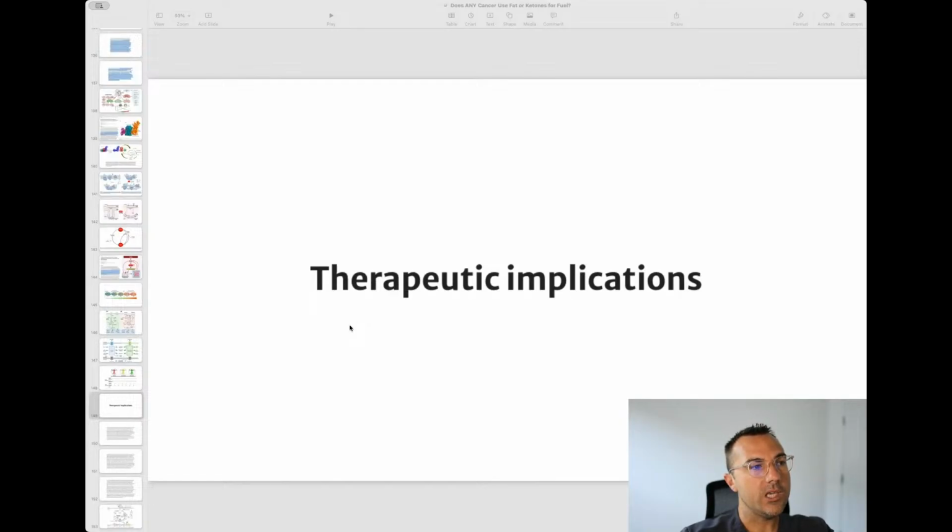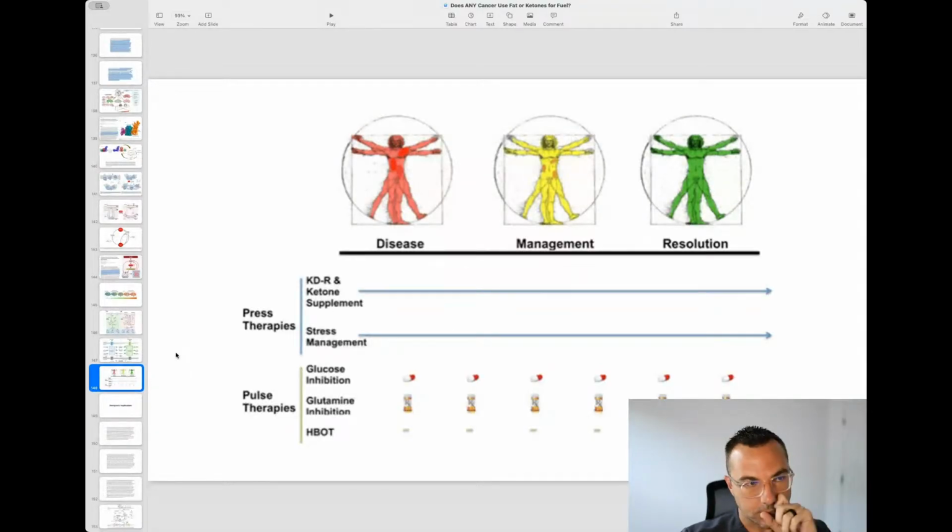Because when we look at a graphic like this, the classic Seyfried graphic from the 2017 Press Pulse paper, after what we've explained in all the videos that have led up to this, in particular the last videos covering this entire paper, and the digressions into whether cancer uses ketones for fuel, et cetera.